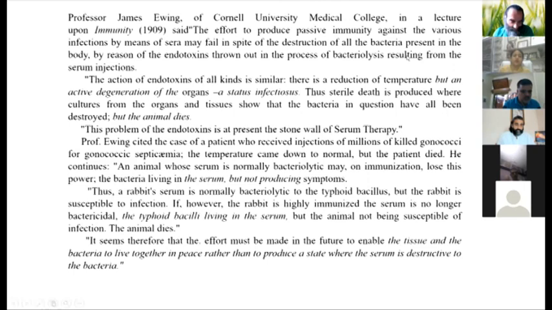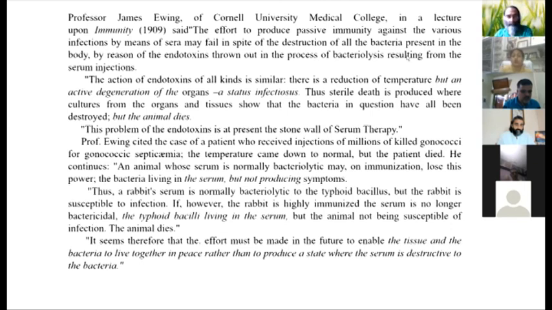In a lecture upon immunity in 1909 he said that the effort to produce passive immunity against the various infections by means of sera, because at that time the vaccination was getting famous, may fail in spite of the destruction of all the bacteria present in the body by reason of endotoxins thrown out in the process of bacteriolysis resulting from the serum injections. The action of endotoxins of all kinds is similar. There is a reduction of temperature, but an active degeneration of organs, which is called a status infectiosus.